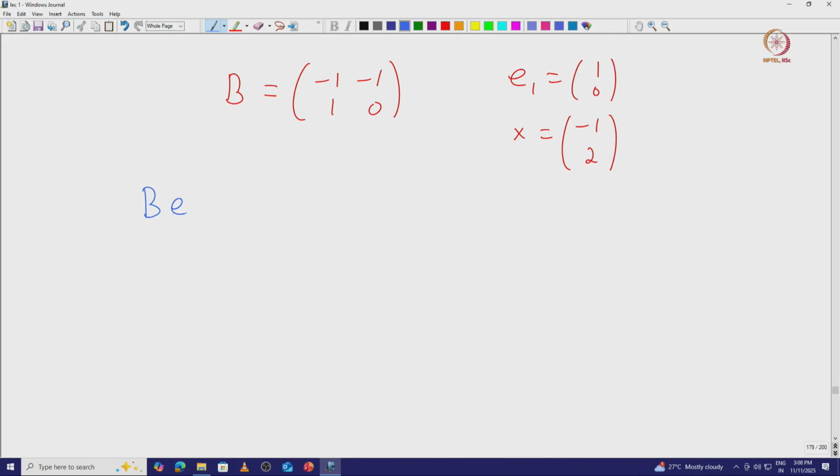If you do the computation, B e1 is going to be exactly this column vector minus 1 1. So, definitely e1 is not an eigenvector, and similarly Bx, if you do the computation, again you get minus 1 1, and so that implies that this is also not an eigenvector.